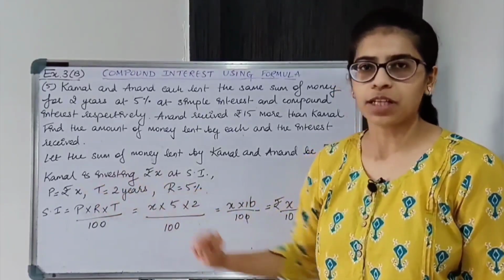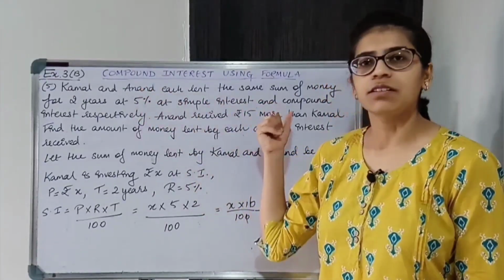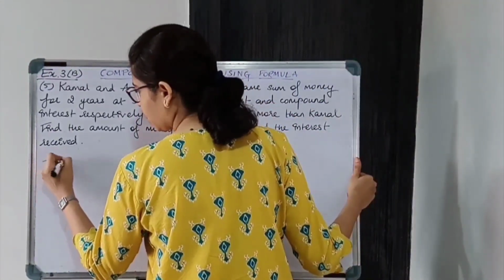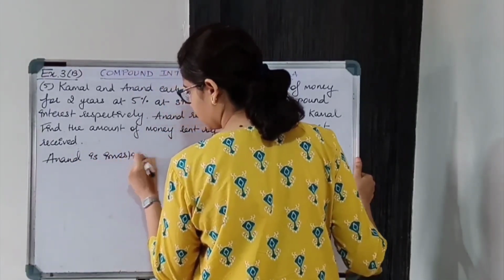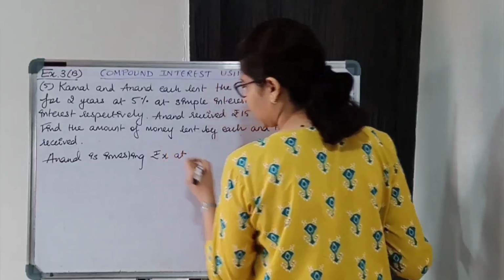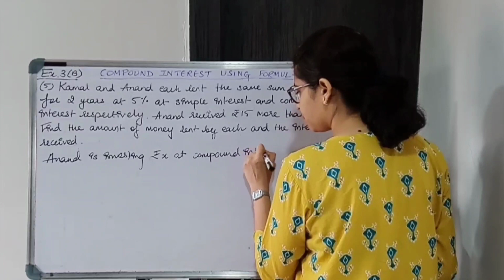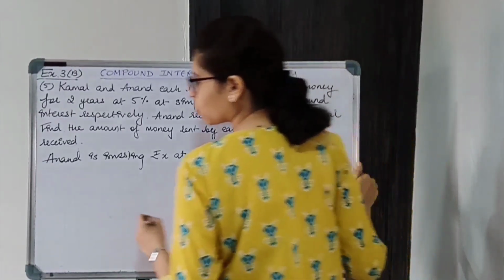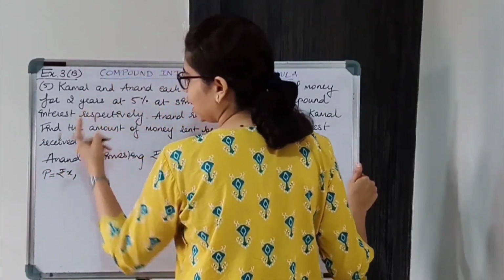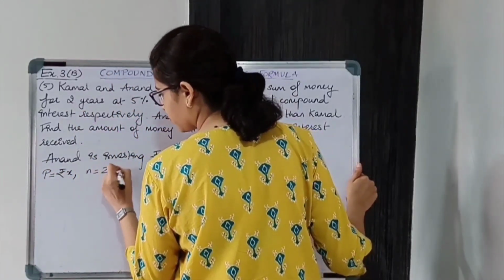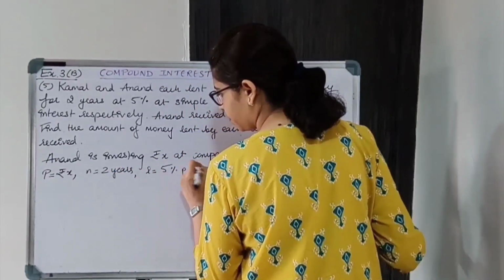Okay, that is for Kamal. Now let us find the compound interest that Anand is investing at. Anand is investing the same sum at compound interest. So let us write down the information. P is rupees X, N is 2 years, R is 5% per annum.